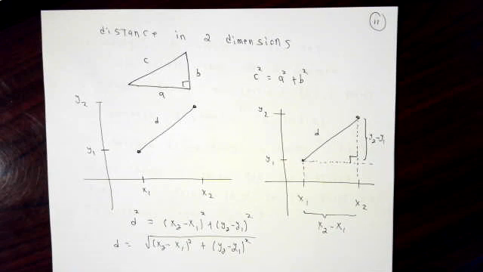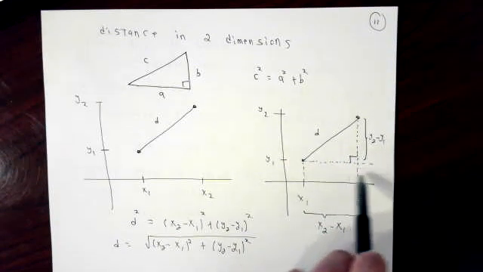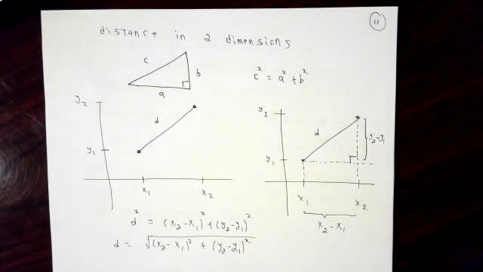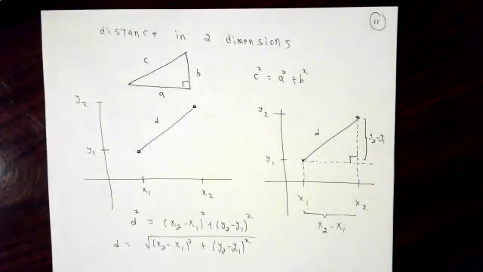Now, the x-axis and the y-axis are at right angles to each other, so this angle must be a 90-degree angle. On the other hand, if I use the x-axis like a ruler, the distance horizontally from this point to that point, the way I've got it drawn, I'm going to write as x2 minus x1.